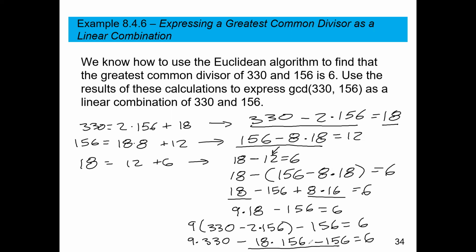But I can combine like terms right here, and I'm going to end up with 9 times 330 minus 19 times 156 equals 6. And as a result, the linear combination, my number here is 9. That's my number. But the number here is negative 19. And that is the critical idea, that those are going to turn out to be our coefficients. All right. So let me clean this up and show you a cleaned up version of it.